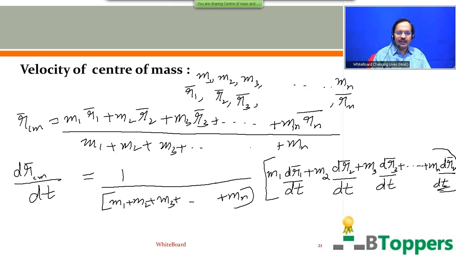Now the rate of change of position vector of the particle with respect to origin O of an inertial frame of reference or coordinate system is the velocity vector of the particle with respect to the origin O.